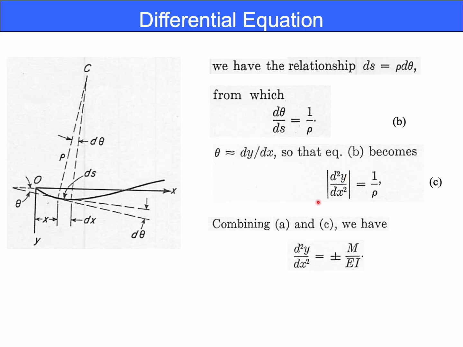So we obtain this. Combining A and C, we obtain this. This is a simple interpretation. The sign, plus or minus, depends on the coordinate convention for positive moment and positive curvature.